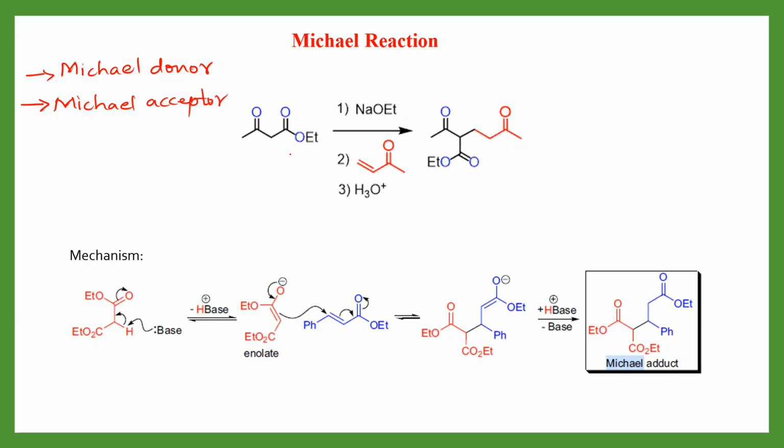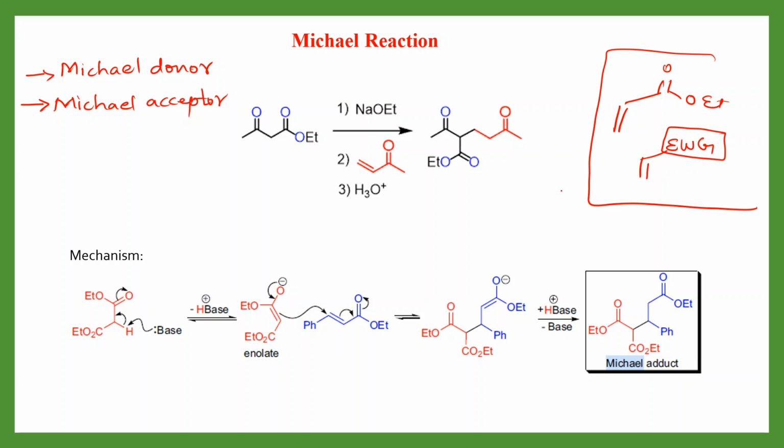Remember this thing: in an alpha beta unsaturated system, your double bond should be conjugated with an electron withdrawing moiety, and this comes under your Michael acceptor.